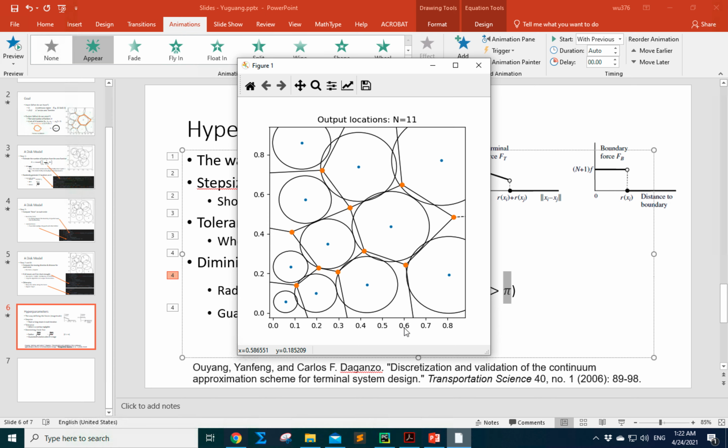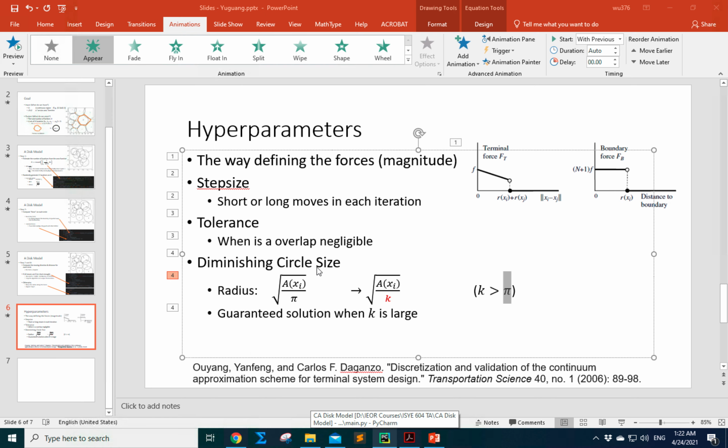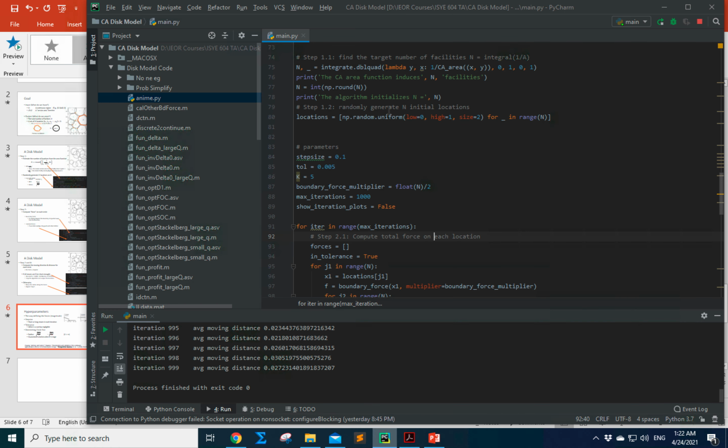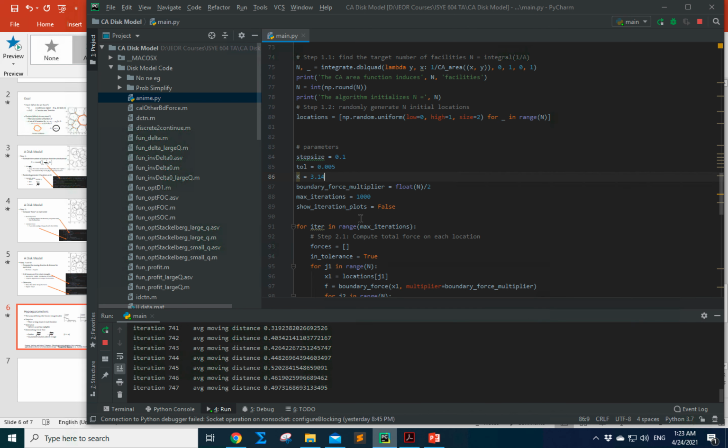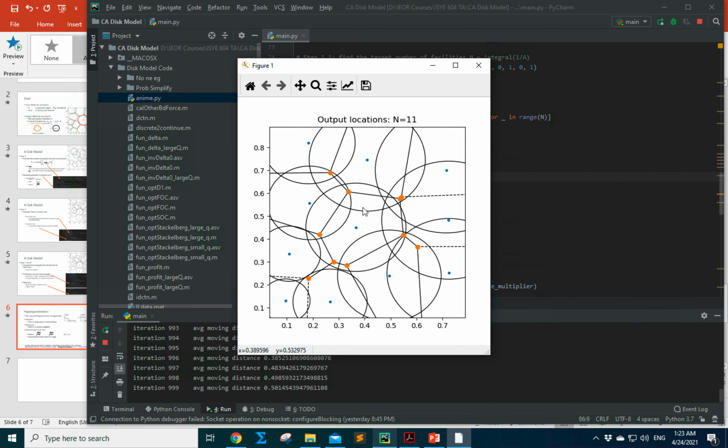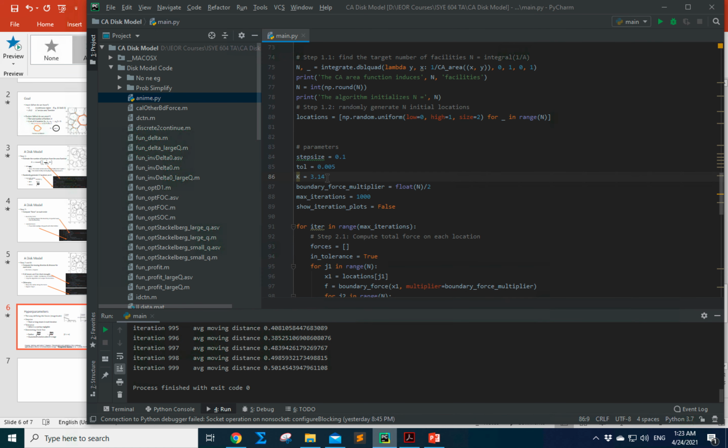For example, we can play with this circle size parameter in the algorithm like this. Here is my k defined. If it's pi, if it's 3.14, you will have disks that are relatively large, and it's likely that you will have overlaps for each circle. And you can also reduce the size of circles.